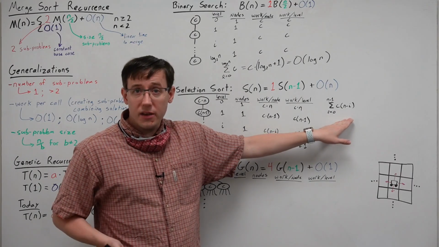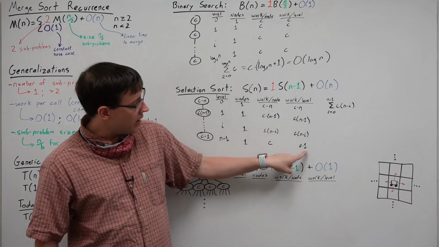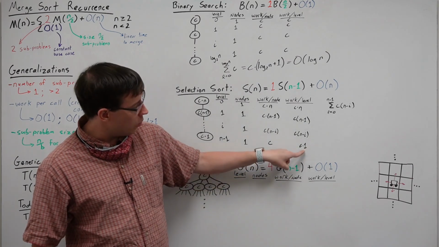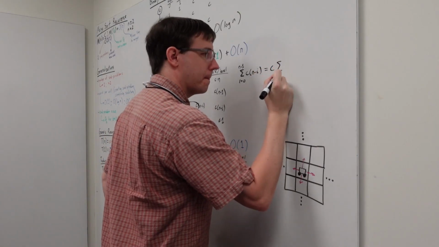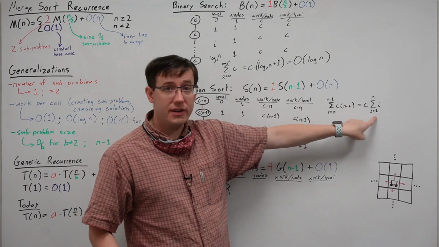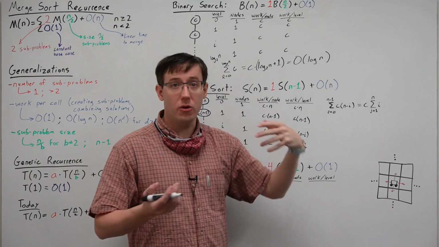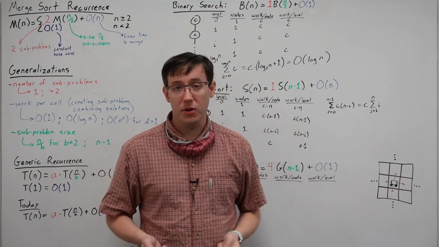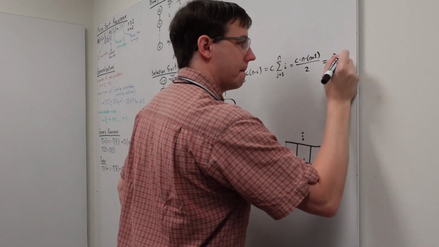And this is probably a sum that you've seen before, but we can make it even more obvious by counting in the other direction, where we go 1, then 2, all the way up to n. And we can also factor out the c, and now we just have the sum of j from 1 to n, and we know that that's n times n plus 1 over 2.